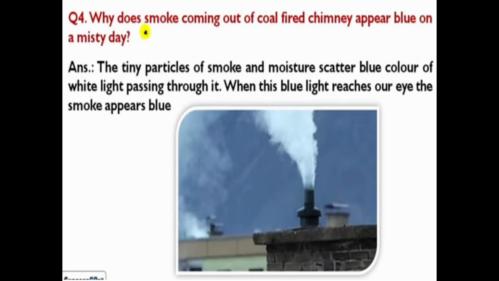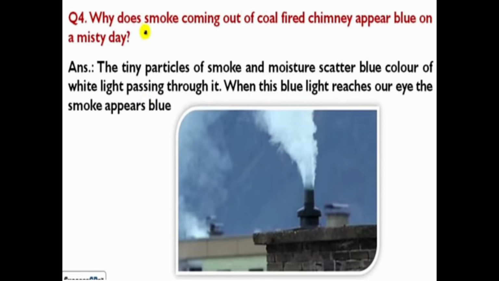Now, why does smoke coming out of a coal-fired chimney appear blue on a misty day? What happens? The tiny particles of smoke and moisture scatter the blue color of light. As we know, whenever these tiny particles and moisture go into the atmosphere, they start scattering the light which has shorter wavelength, and the light which has shorter wavelength is blue color, whereas red light has the longer wavelength.